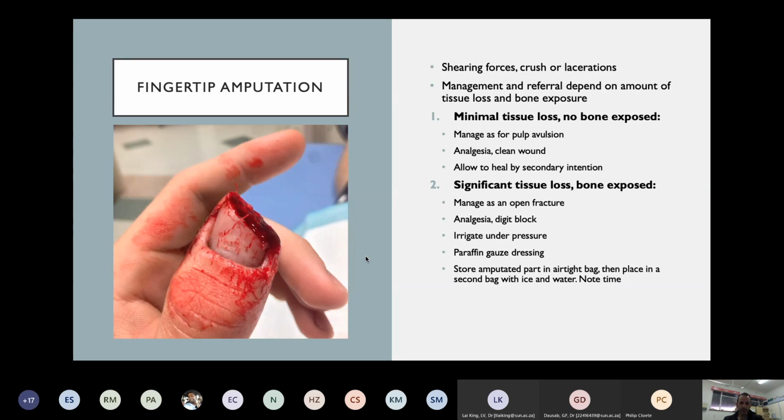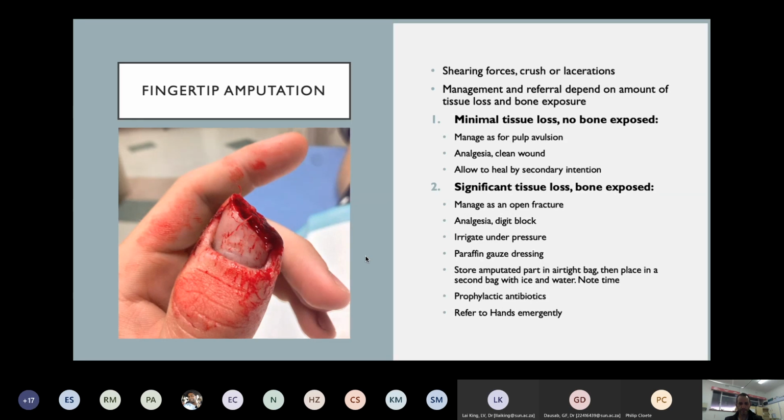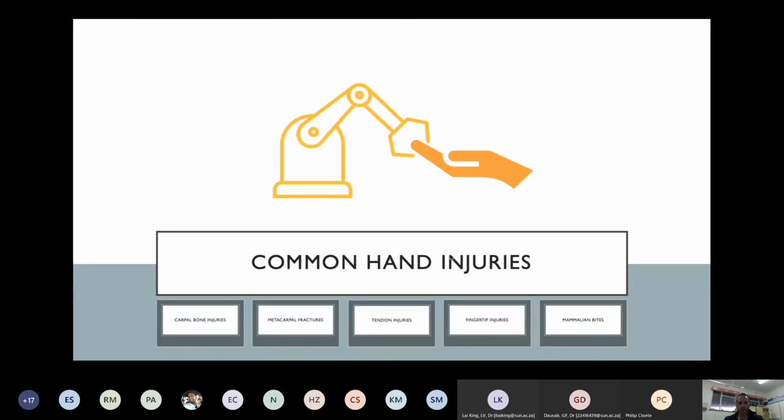And then you seal that, and you note the time and date that you put the part into the water. The reason why you don't want to put a fingertip directly onto ice is it's going to cause permanent damage from vasoconstriction. Give them prophylactic antibiotics, and then refer to hands emergently for possible reattachment of the fingertip. All right.